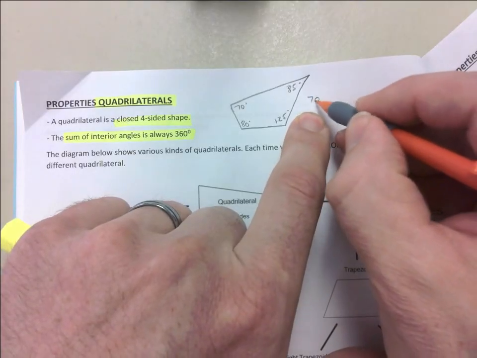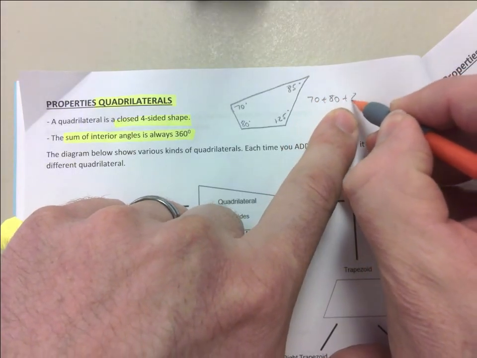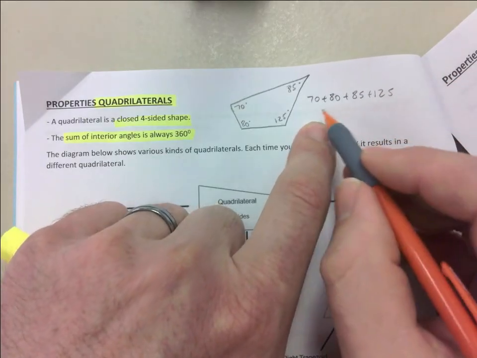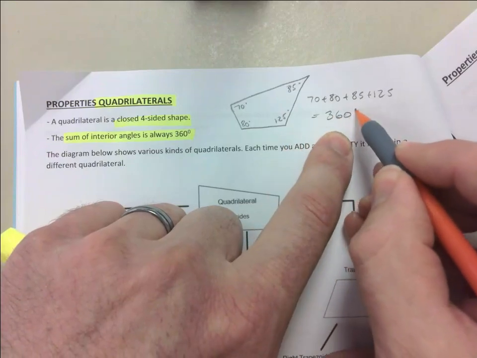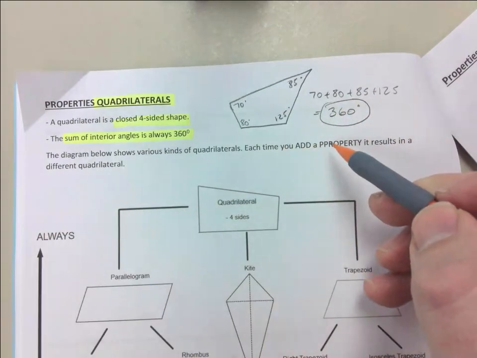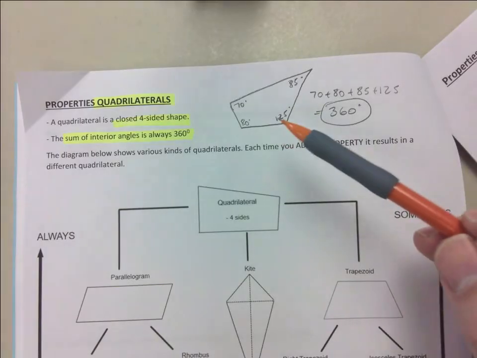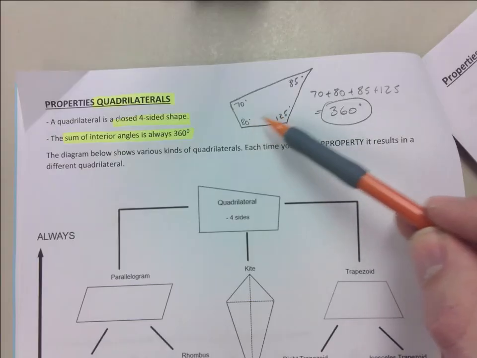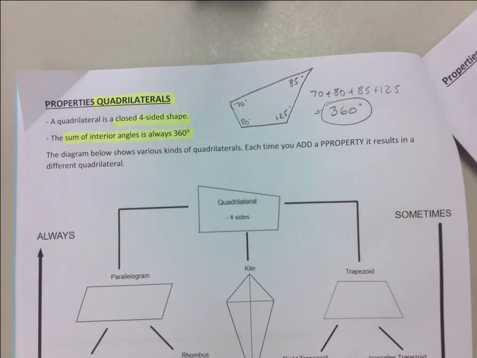So if I were to go 70 plus 80 plus 85 plus 125, that is equal to 360 degrees, always. Which means if you have three angles, you can find the fourth one no problem, right? It's always the case.